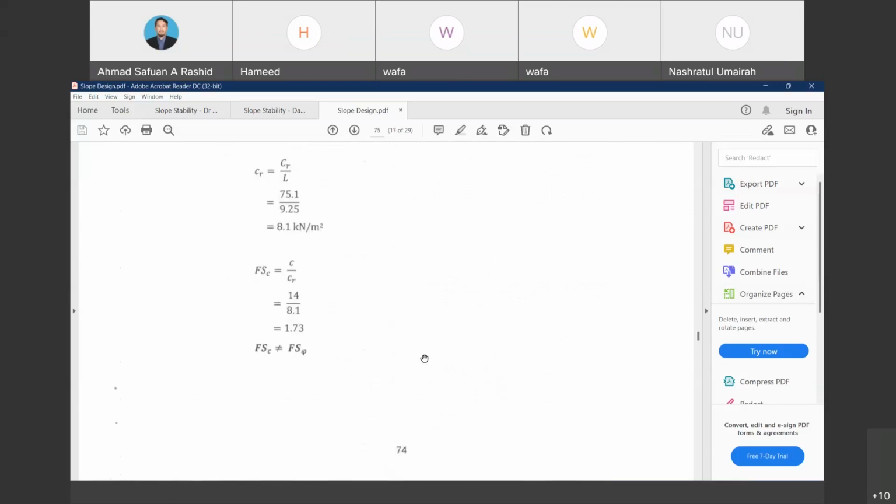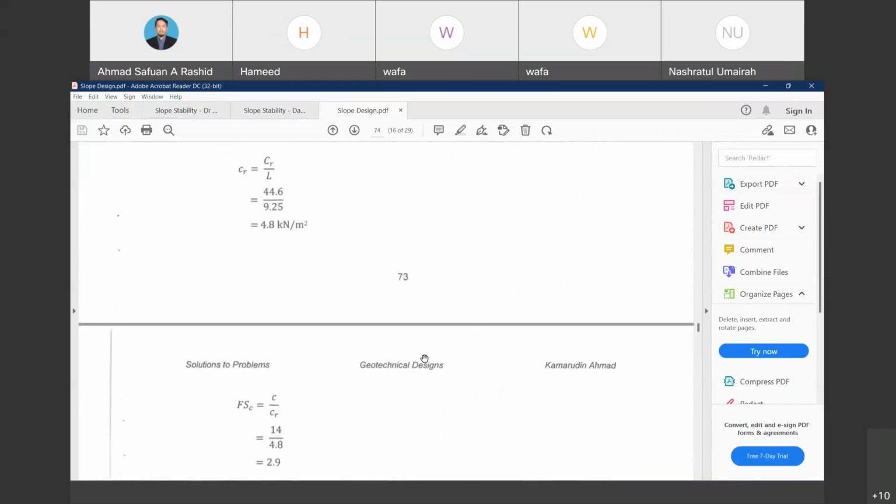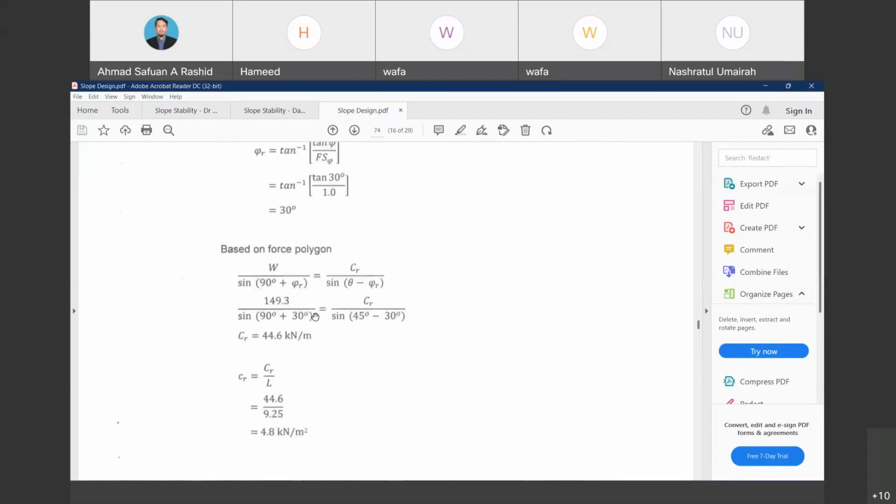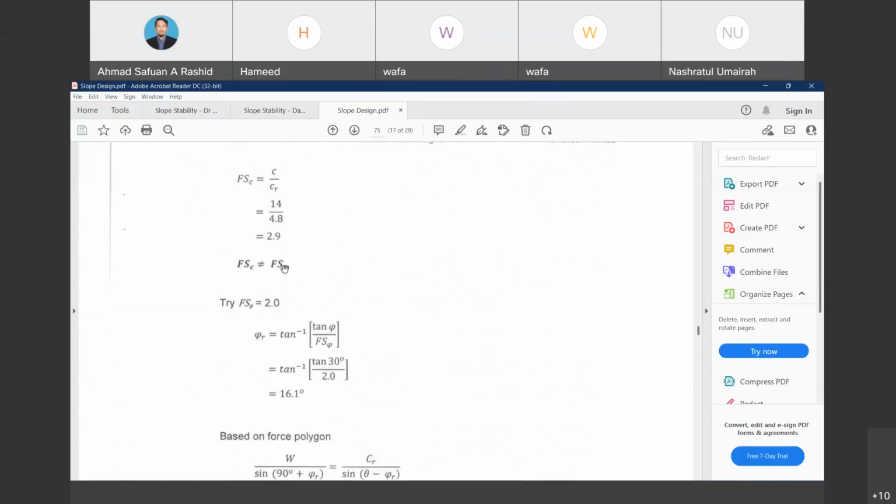So you can try to use 1.8, and then get the result for the FSV, FSC later on. So for example, try FSV is equal to 1.8. I guess hopefully you can get the FSC is also equal to 1.8. So that is for linear failure plane. Any question before we move to the total stress?